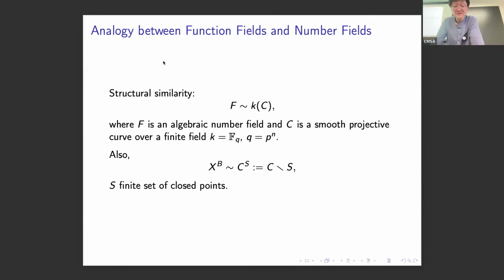And if we take the spectrum of integers itself, it is somehow analogous to the curve C, right? And similarly, if you remove an element. So I write something like this, allowing the possibility that B is empty and S is empty as well. So all those analogies are being notated together in one line.